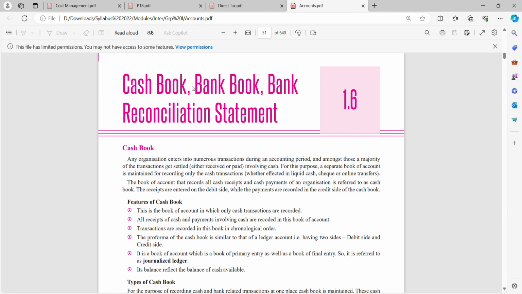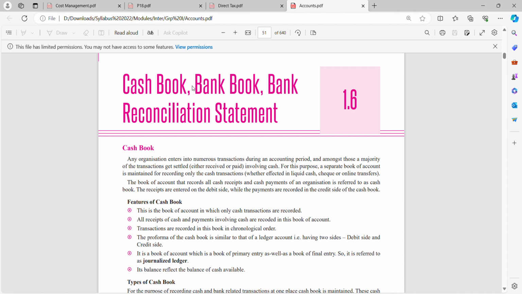So an organization during the entire period enters into many transactions. For this purpose, a separate book of accounts is maintained for recording only cash transactions. Whether they are in liquid cash, online transfers, credit card, anything is allowed, but payment should be done.